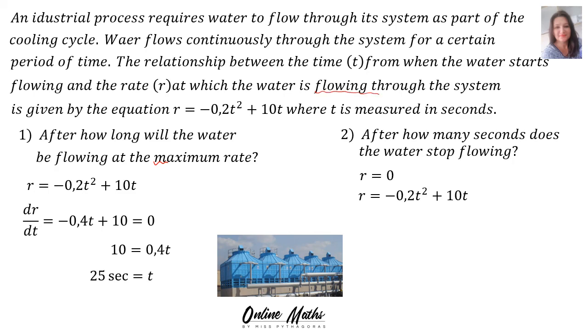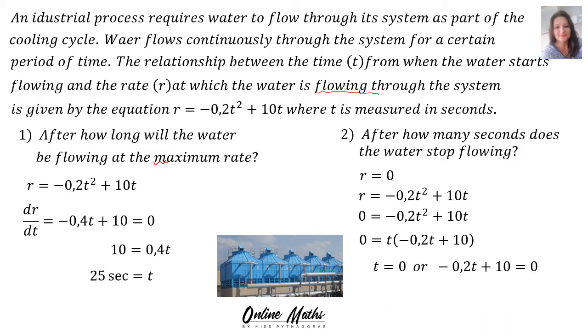So now we will equate the original equation to 0. And we solve t. I will take out t as a common factor, and I'm left with bracket minus 0,2t plus 10. t is 0, or minus 0,2t plus 10 is 0. Let the 10 walk across, divide away the 0,2. Therefore, t is 50 seconds.